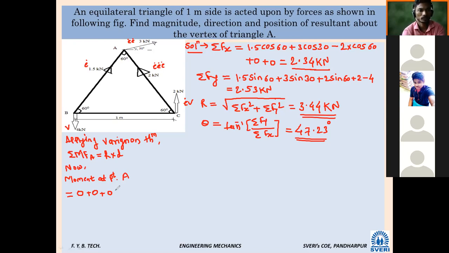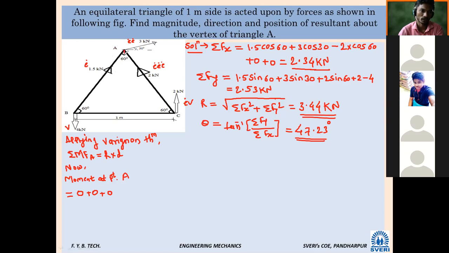The moment will be anti-clockwise, so how are we taking it, positive or negative? Negative.